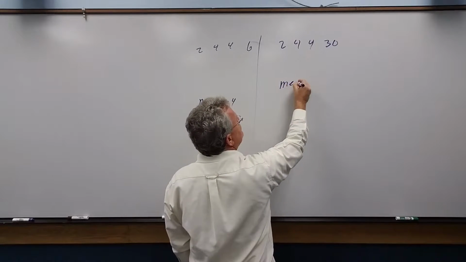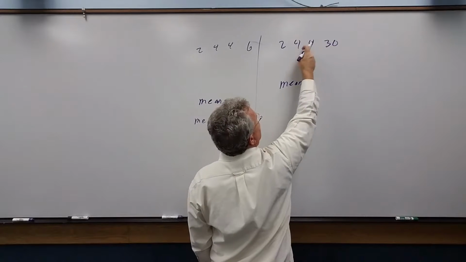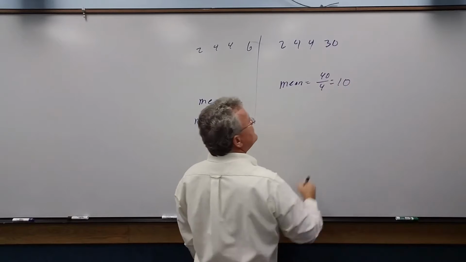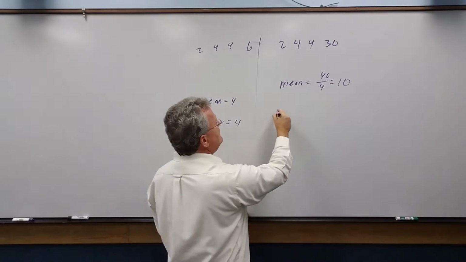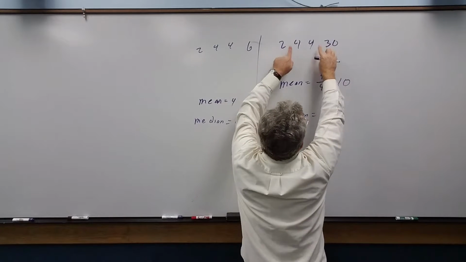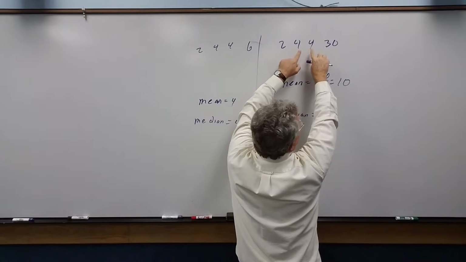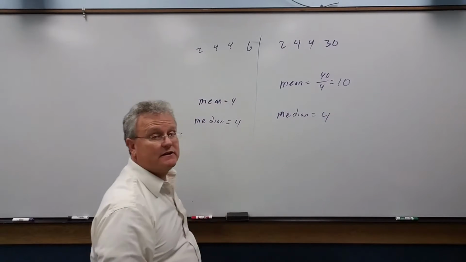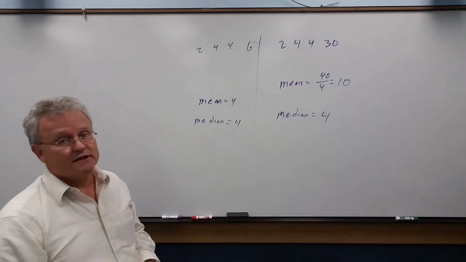Now if I find the average, we get 40 divided by 4 is 10, but look at the median. The median, when we march in, we get the same two middle numbers. The median is unaffected, but the mean is greatly affected.